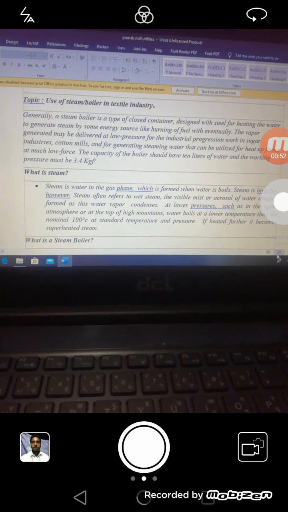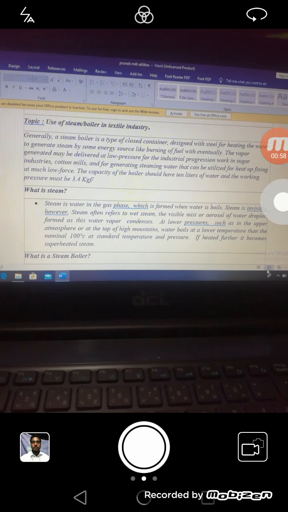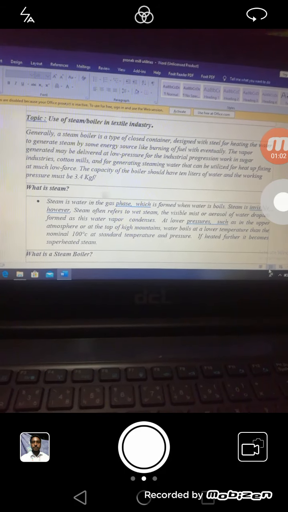Generally, a steam boiler is a type of closed container made of steel for heating water to generate steam by some energy source, like burning of fuel.